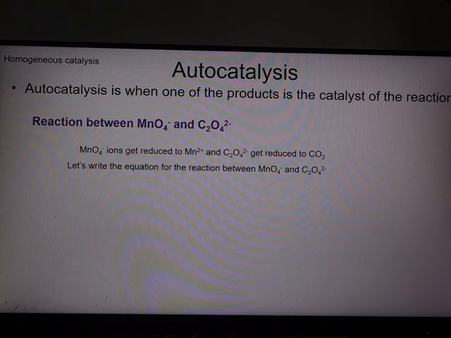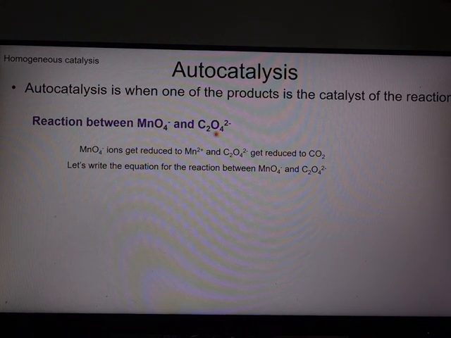An example is the reaction between manganate, MnO4-, and ethane dioate, also known as oxalate. That is a common bidentate ligand, and that's a very, very common oxidizing agent.